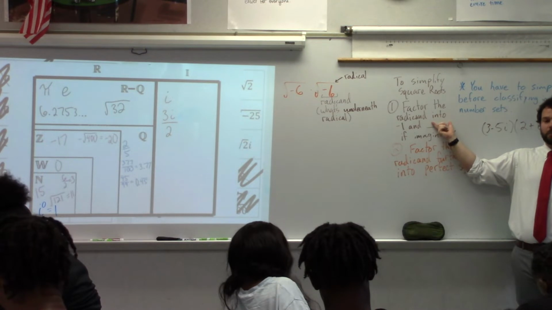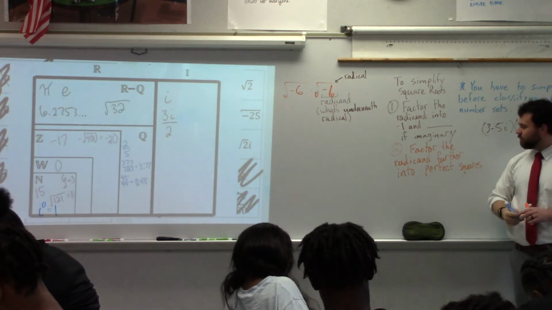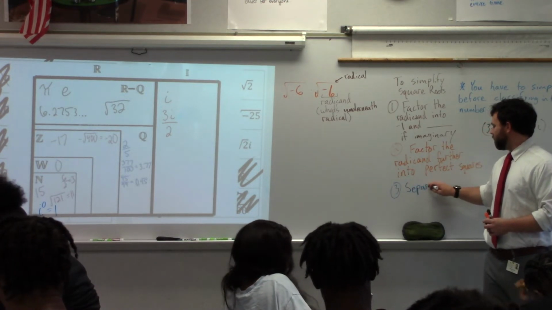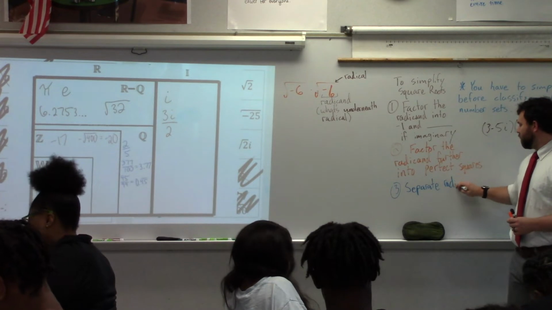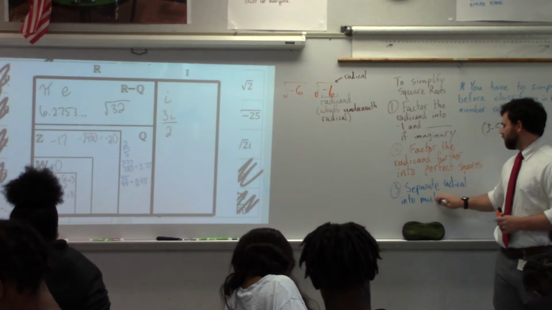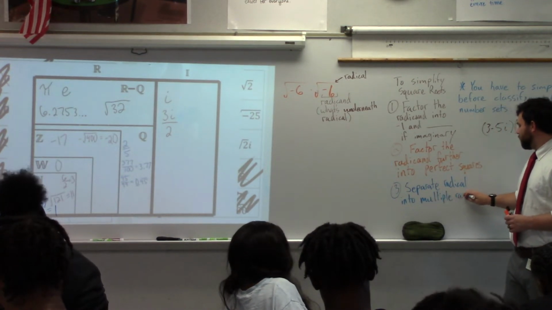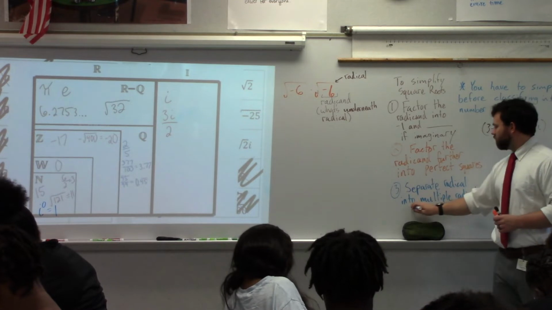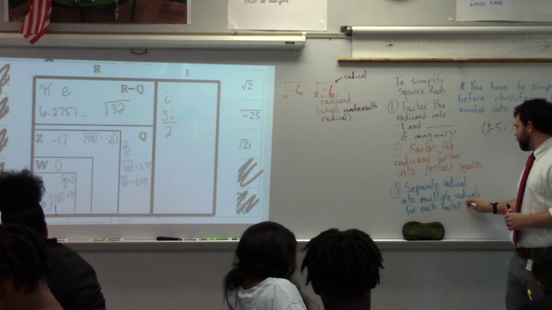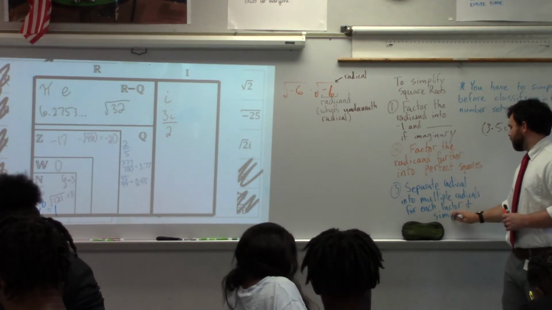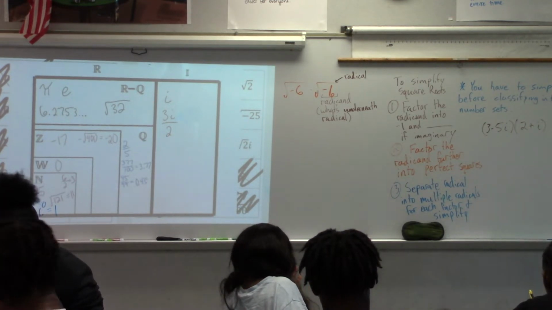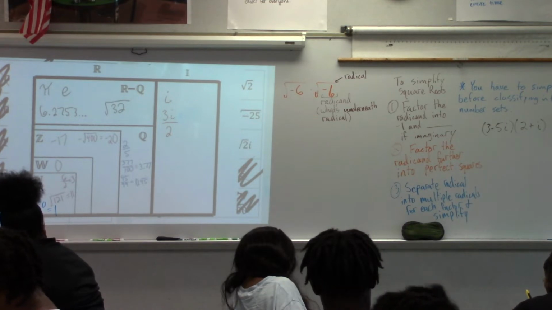I'm going to show you an example of this in a second. I'll explain more about step 3 in a second. But step 2, are there any terms in there that I need to clarify?